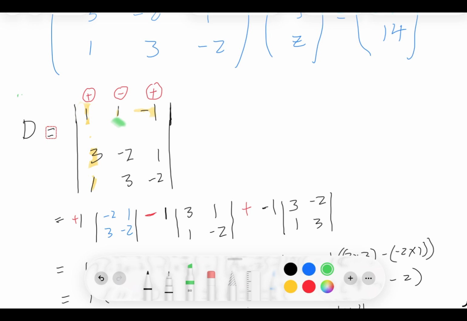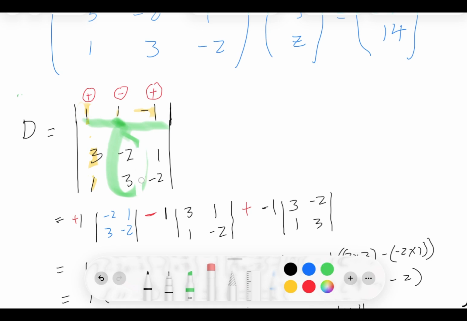We're going to take out the row and the column that it is in. And what remains will be a cofactor matrix, 3, 1, 1, negative 2. We're going to multiply that 1 by the determinant of the cofactor matrix. And the negative sign is assigned to that. So you see the minus 1 times the determinant of 3, 1, 1, negative 2.